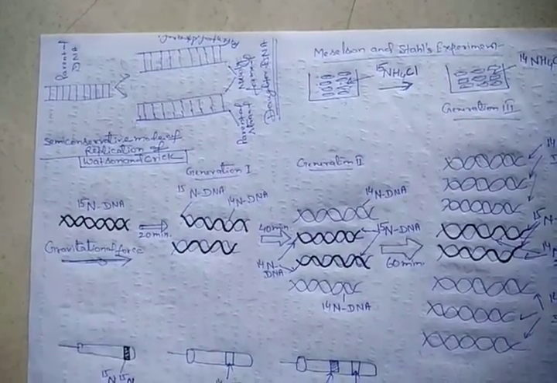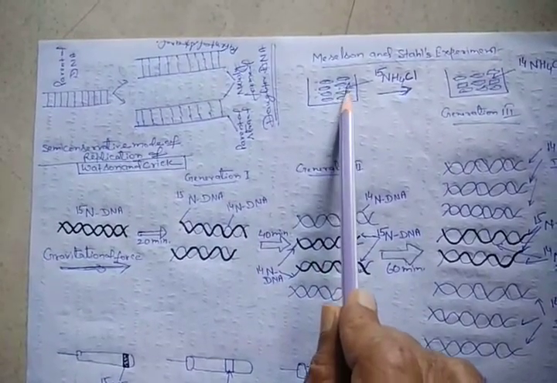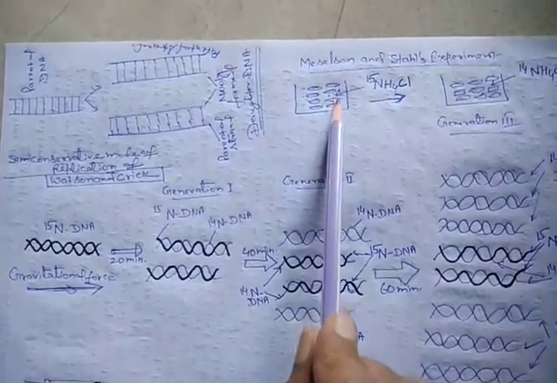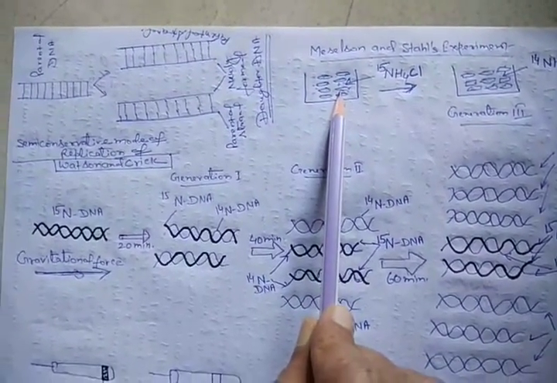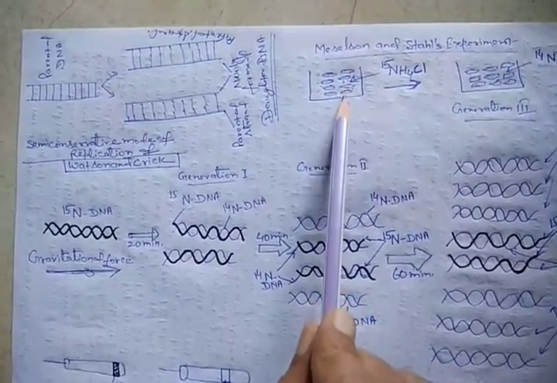Now, first of all, we will discuss the DNA extracted from the cells of the parental bacteria, whose DNA completely contains the heavy nitrogen.